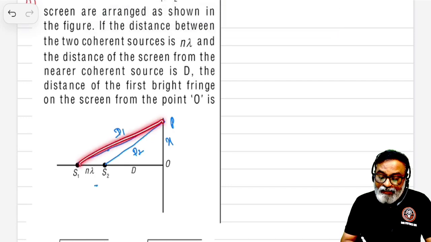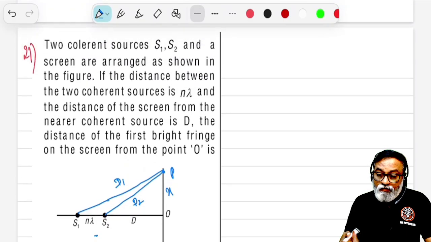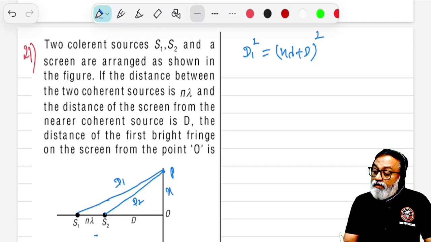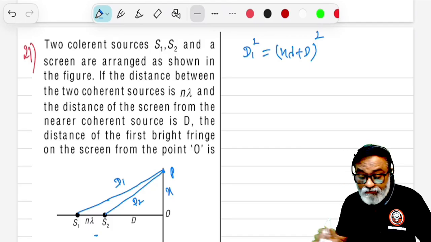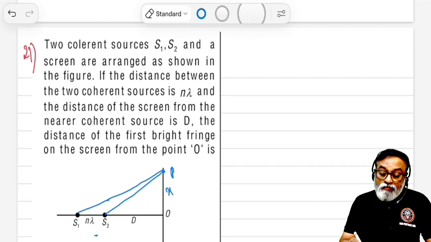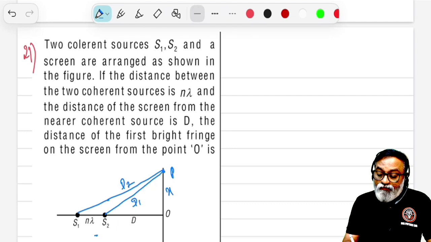See, from this right angle triangle, first this is D1 I am taking. This is D1, this one is D2. Therefore, D1 square is equal to D square plus X square.